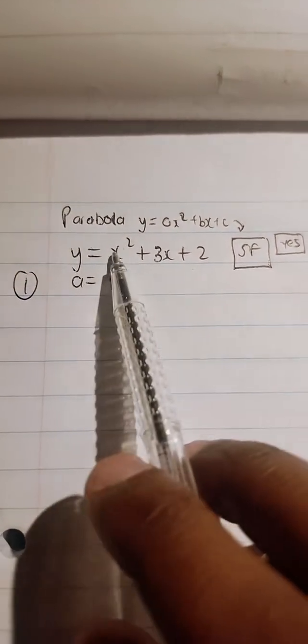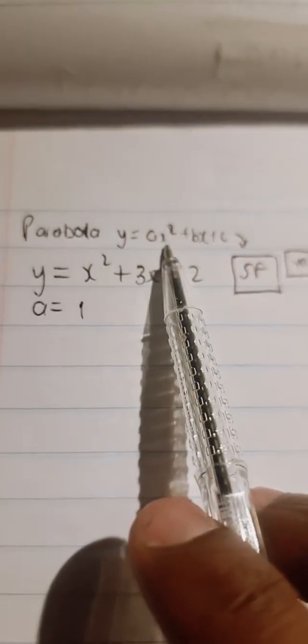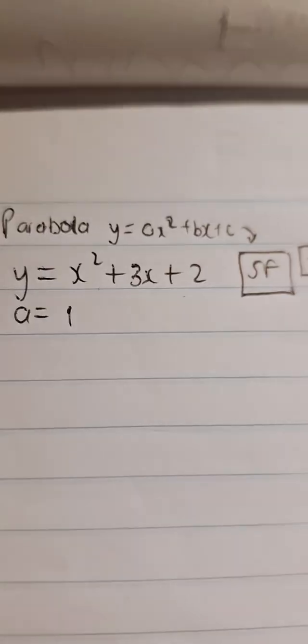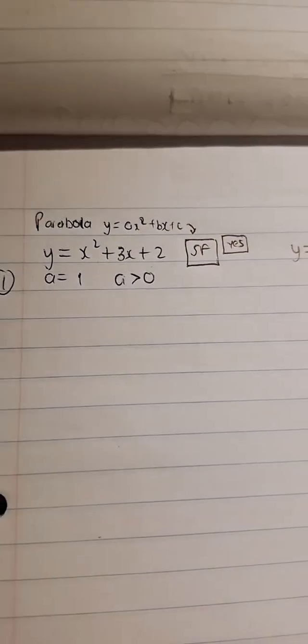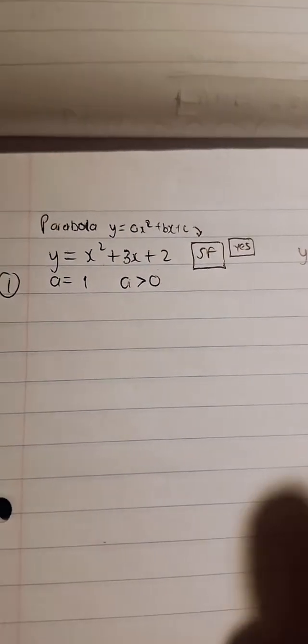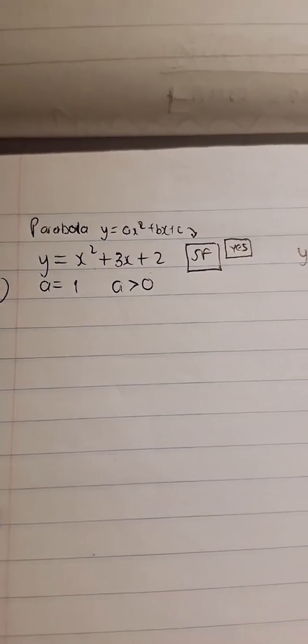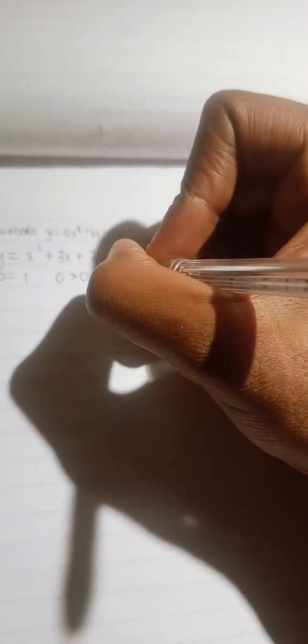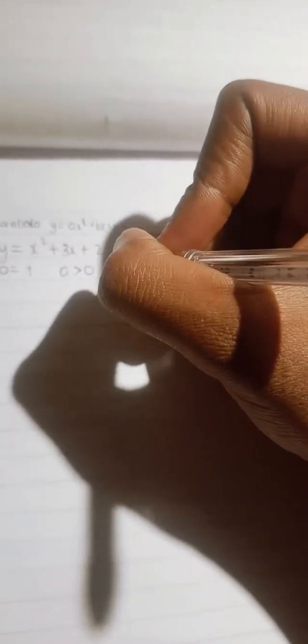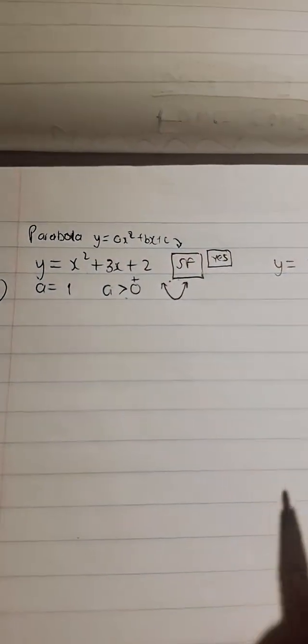Then we can come and say, what is the value of the coefficient? Meaning, what is the coefficient of x squared specifically? The value of the coefficient of x squared is 1. What do we know about 1? It's greater than 0. Since it's a parabola, remember, parabola is not a straight line. A parabola as a quadratic function can be represented either way, so when a is greater than 0, what do we do? When we are positive, we smile.